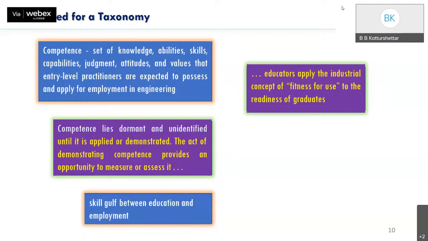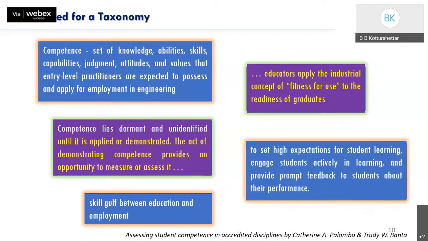And slowly we have come to a stage where now these graduates need to go through the test for fitness for use. This is whether we like it or not, we have come to a stage.